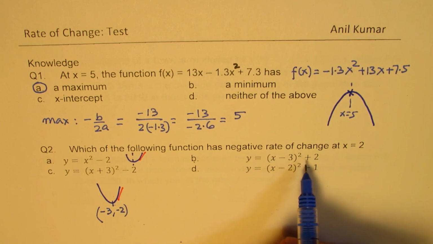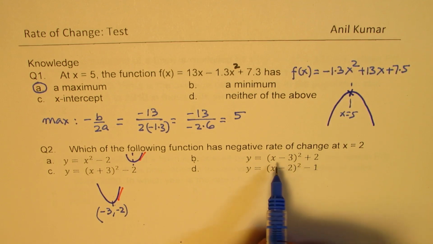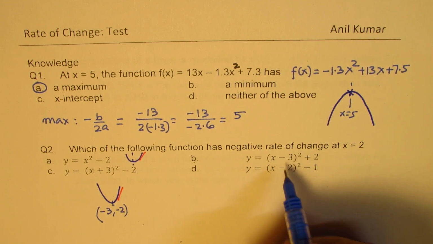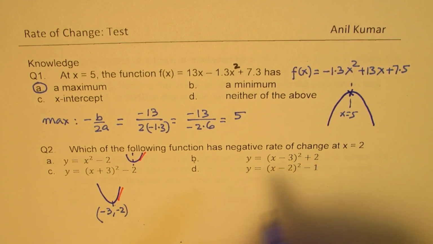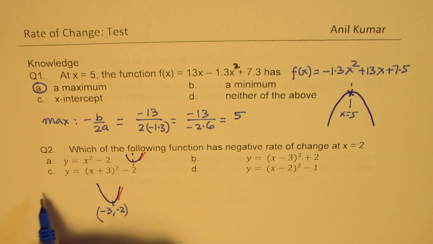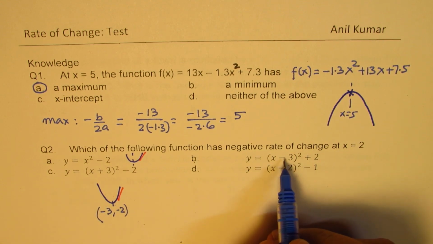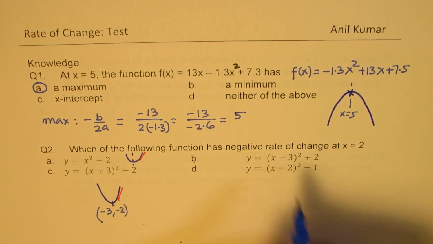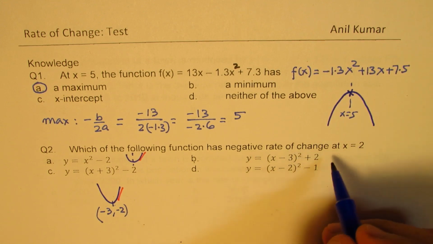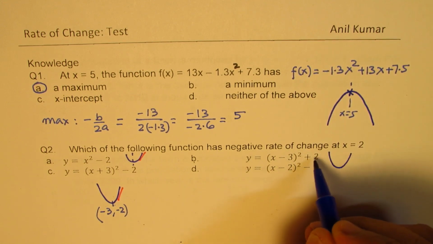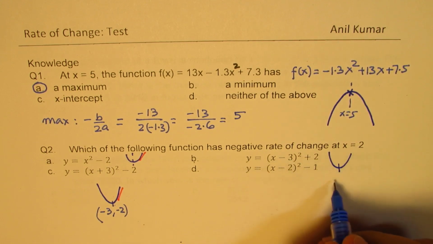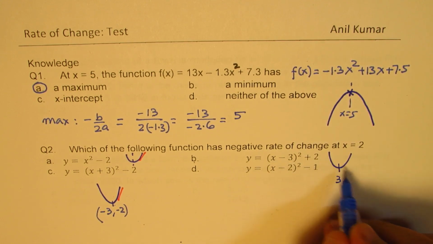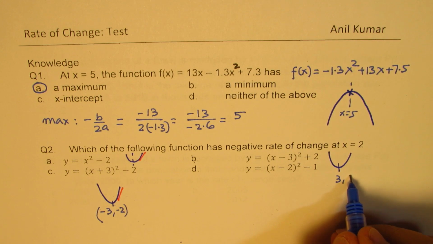In this particular case, we have x at 3. Sorry, the previous one was at minus 3, but this one is at plus 3. So this is also a parabola which opens upwards. And here the vertex is at 3 and 2, right?